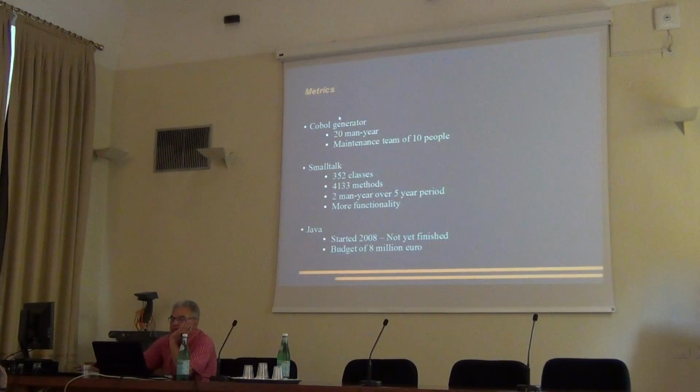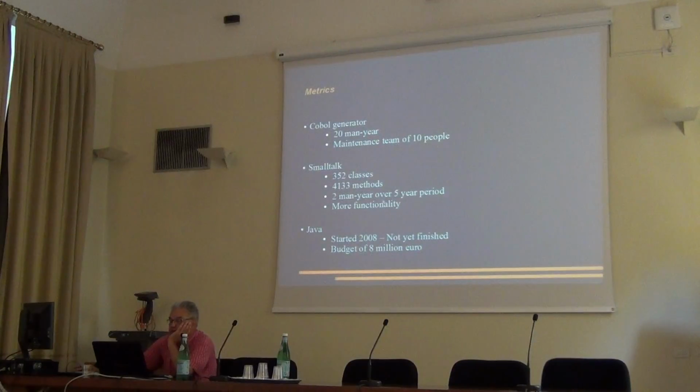Now to the metrics. The COBOL generator application, which was the original application written for the RUV, took 29 years, and for the moment they are still using a maintenance team of 10 people to maintain the application.